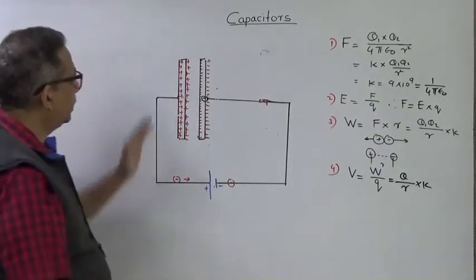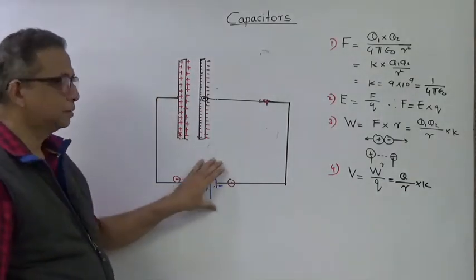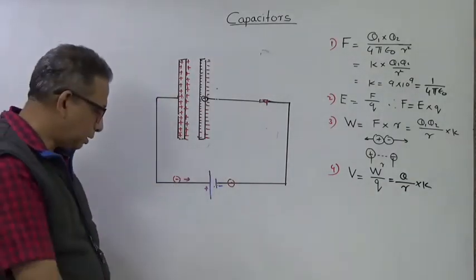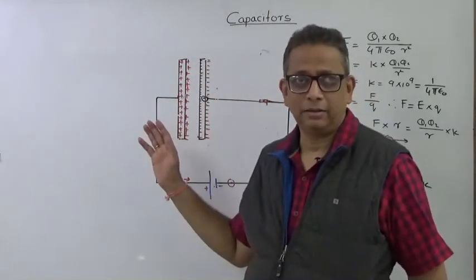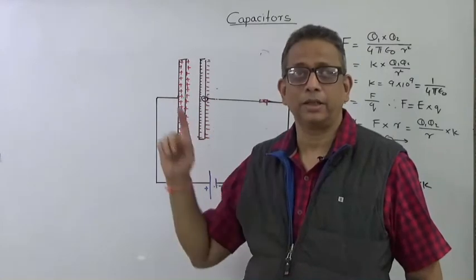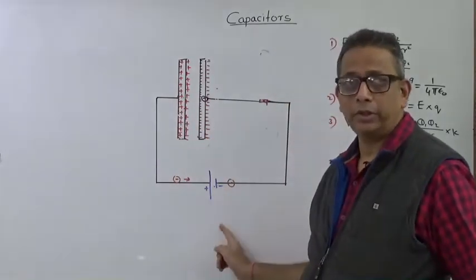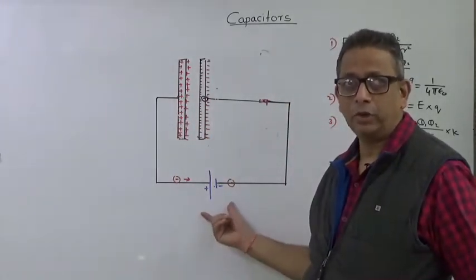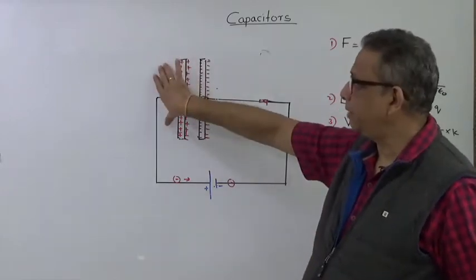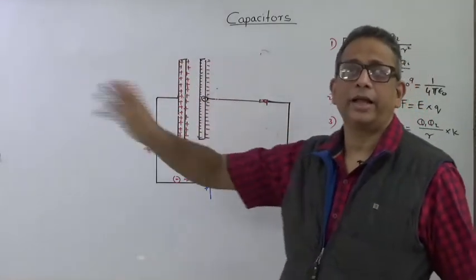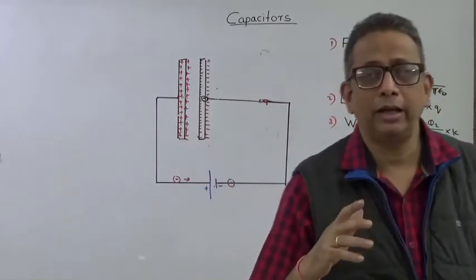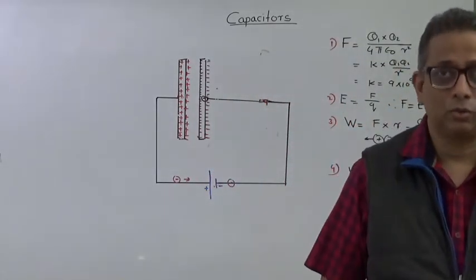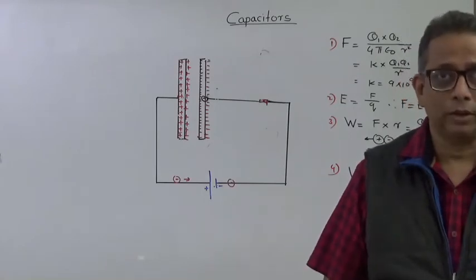When all the free electrons of this plate have gone, it is not all the free electrons, it depends upon the capacity. We had talked about the saturation capacity of a battery for a given voltage. There is some capacity beyond which this capacitor cannot give electrons. It does not mean that it does not have more electrons to give and all the electrons are over.